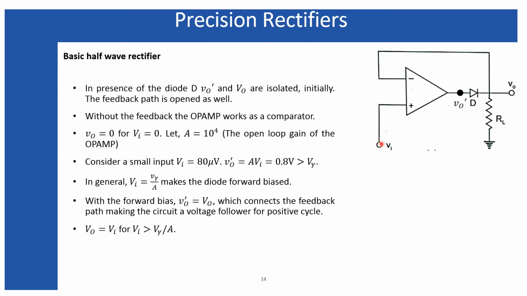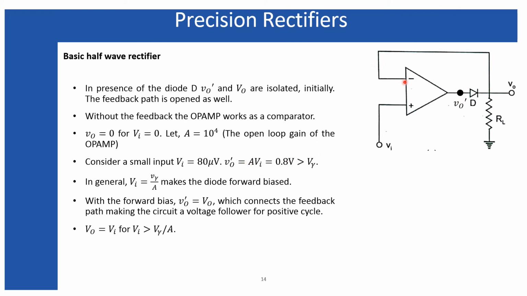So when you have applied a small voltage of 80 microvolt at its non-inverting terminal, this operational amplifier is operating as a comparator, since there exists no feedback at the initial point. So the output voltage V0 dash, which is the immediate output of this operational amplifier, will be A times Vi.